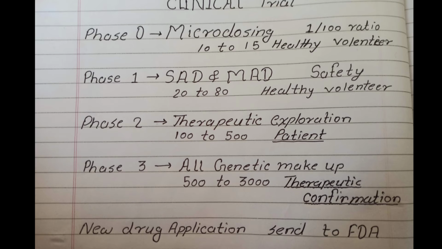Phase 0. In phase 0, a small number of people, or few people, are involved in the microdosing, in which the drug is given in micro form, or 100:1 ratio, and they check the safety of the drug in healthy volunteers.